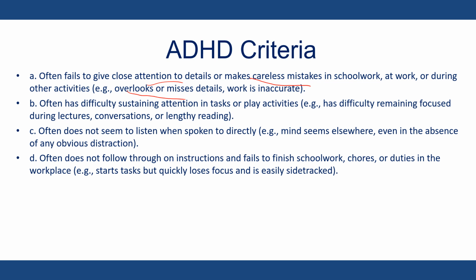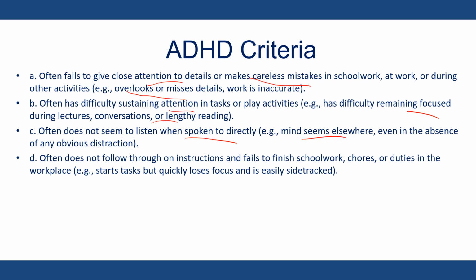The second criterion is often has difficulty sustaining attention, or they are not able to remain focused during lectures and conversation, and especially if they're not interested, they're not going to do any lengthy reading or so forth. Option C, the child often does not seem to listen when spoken to directly.